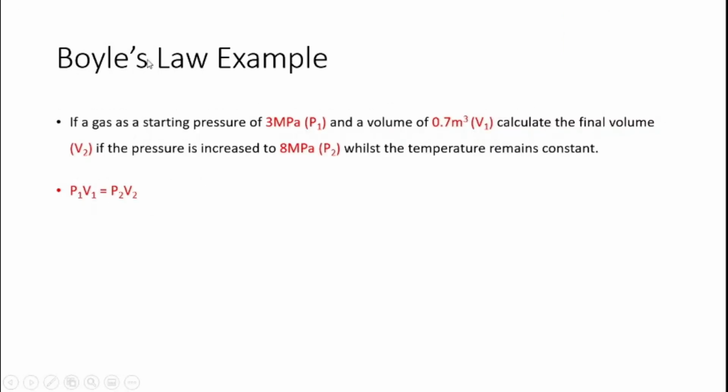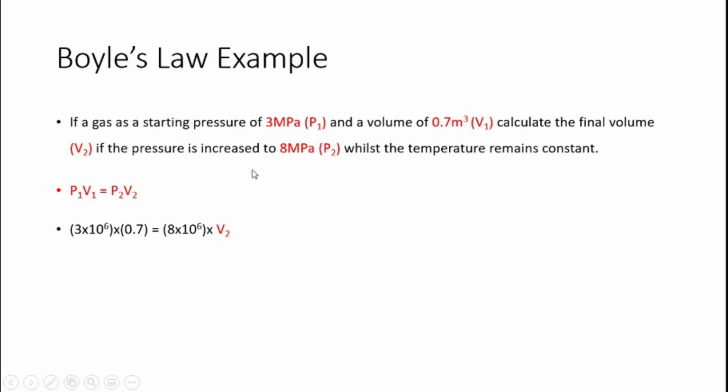Here's an example. We've got a pressure of 3 megapascals, that's P1, and a volume of 0.7 cubic meters, that's V1. We need to calculate the final volume, V2, if the pressure is increased to 8 megapascals, P2, while the temperature remains constant. So it's Boyle's law.